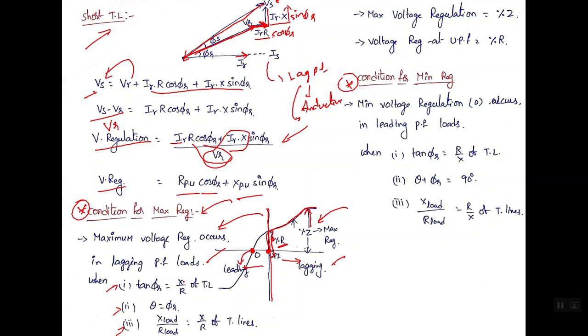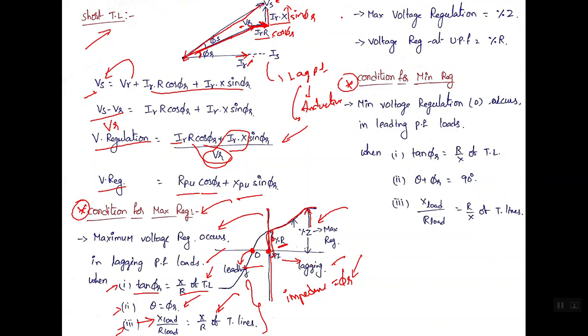That is, tan phi R is equal to X by R of the transmission line, or theta is equal to phi R, that is, the impedance angle is equal to phi R. Phi R is nothing but the phase angle between VR and IR. And one more: X by R of the load is equal to X by R of the transmission line, then also we will get the maximum regulation.